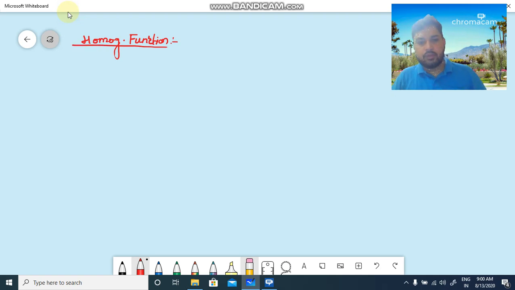We start with the definition of homogeneous function for a two variable function.